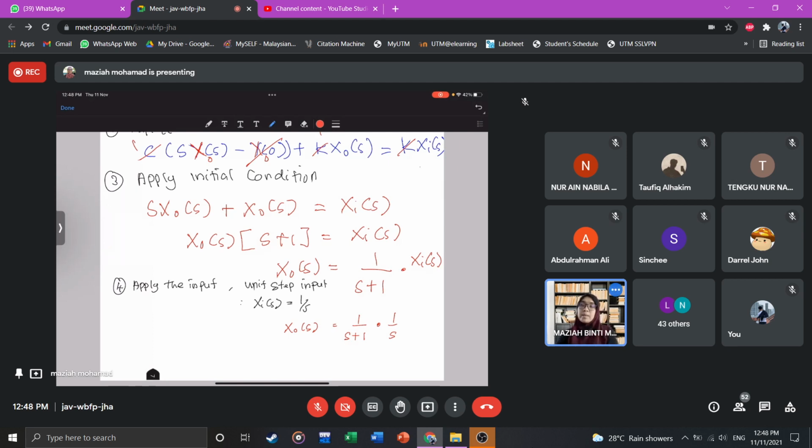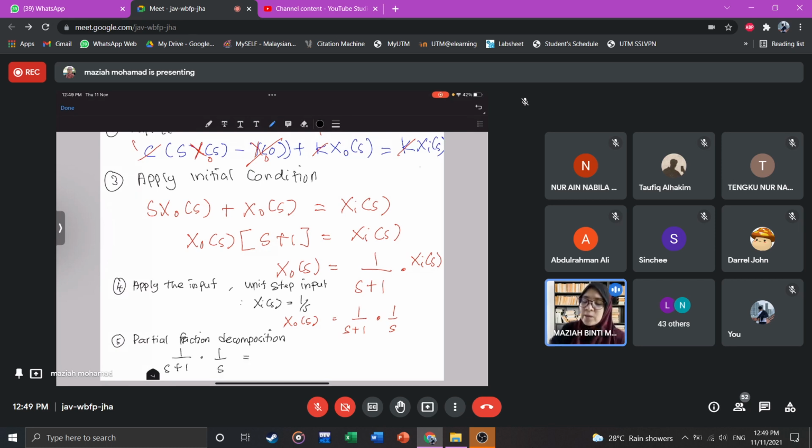So far, now comes partial fraction decomposition. We have 1 over s plus 1 multiplied with 1 over s.